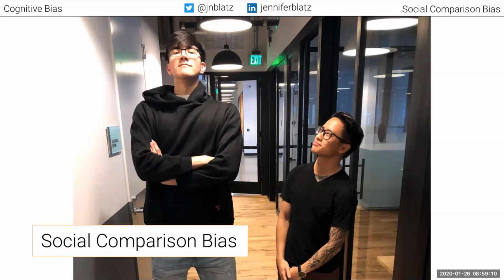Humans are constantly evaluating themselves and others across a variety of ways, such as attractiveness, wealth, intelligence, success. We can't help it. Do you know something I do almost subconsciously? When I walk into a room of strangers, I look at a person's face and then I look at their left hand to see if they have a wedding band on.